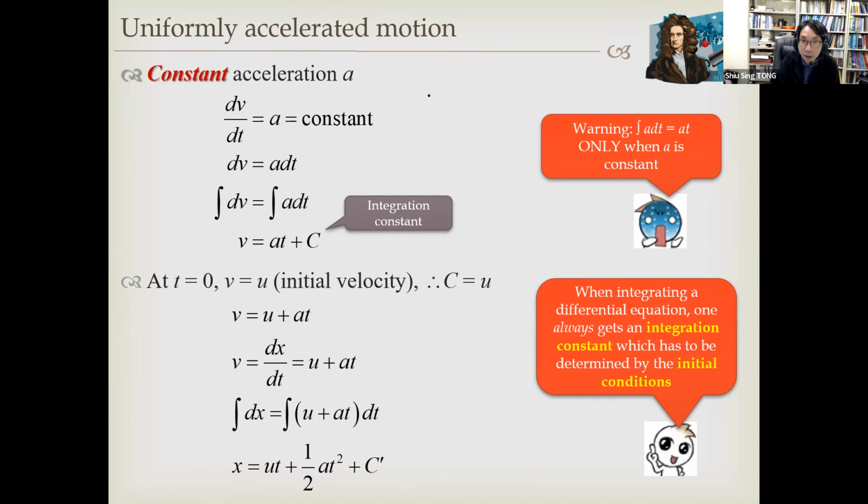You may have a as a function of t, but it may contain x, and it may contain v. And both x and v are unknown functions of time. You do not know these functions, right? So there's no way for you to integrate over time, because these two functions are exactly what you want to find. So this step works only for a equal to a constant.